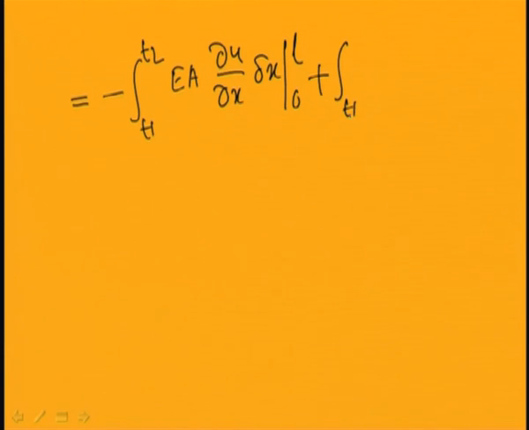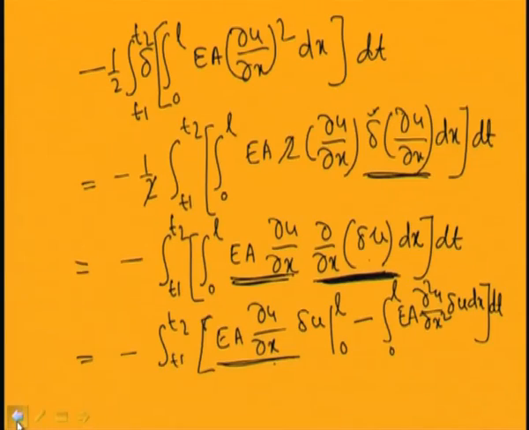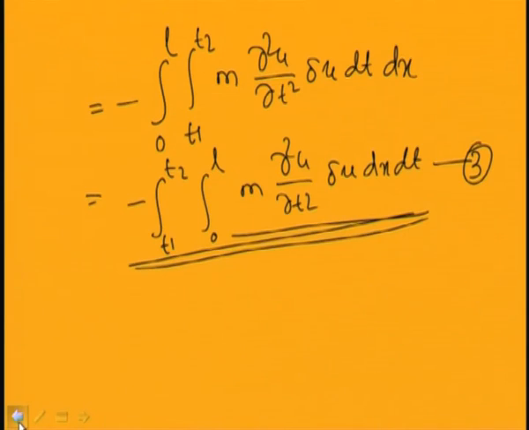So, this is equal to T1 to T2, 0 to L, E A del square u by del x square del u dx dt. So, now I have got this equation 4 for the second part, and equation 3 for the first part.